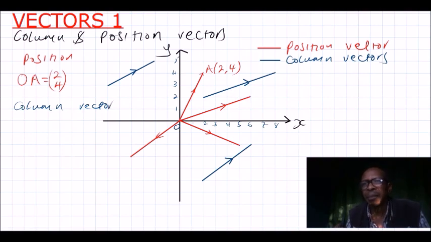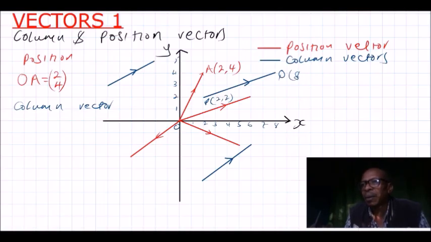For example, for this vector here, suppose we label it PQ. The coordinates of P are 2, 2. And the coordinates of Q are 8, 4.